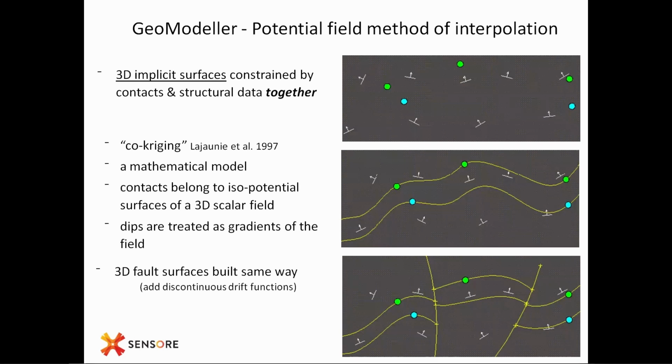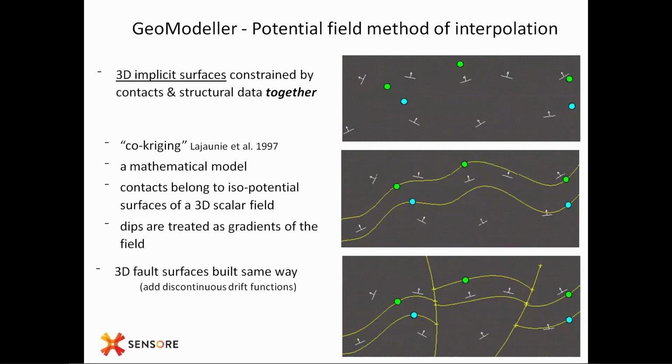So as I said, co-kriging interpolation is used in GeoModeler for interpolating the surface. I already demonstrated and explained this concept on the first day of the session.